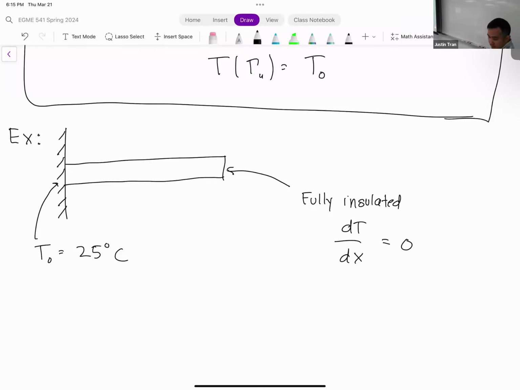The other thing in this problem, which is unusual but important for highlighting something in the solution, is that we are going to have some thermal generation. Our thermal generation S of x is going to be x squared over 5.